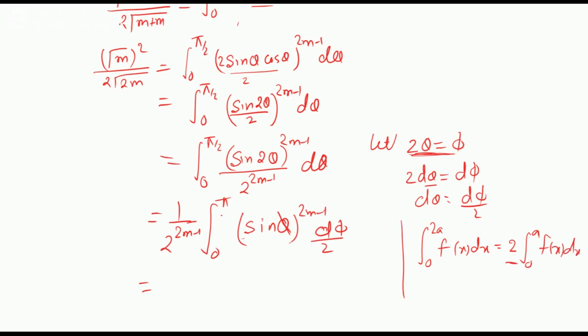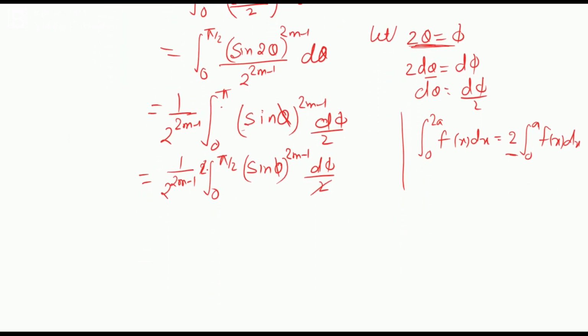So use that property here. So we can write 1 upon 2 raised to power 2m minus 1, limit 0 to pi by 2, 2 outside, we write sine phi raised to power 2m minus 1 d phi by 2. We cancel that 2.